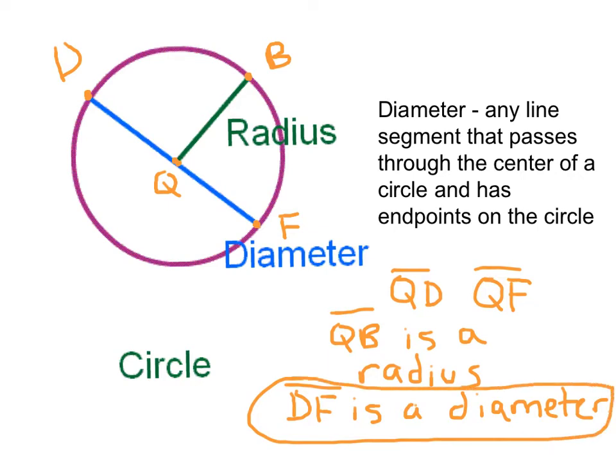Not only are the endpoints on the circle, but it passes through the center. So don't get confused, because for instance this right here, since it does not pass through the center of the circle, would actually have a different name. It would be called a chord. It is not a diameter.